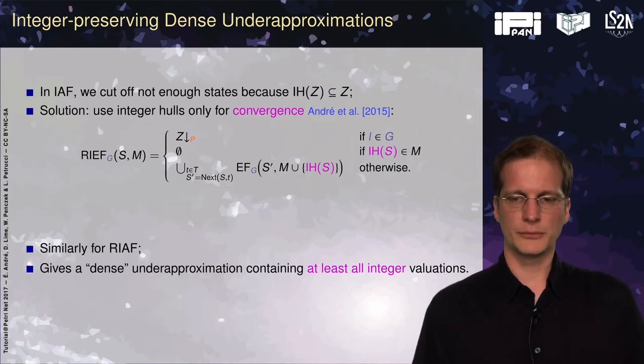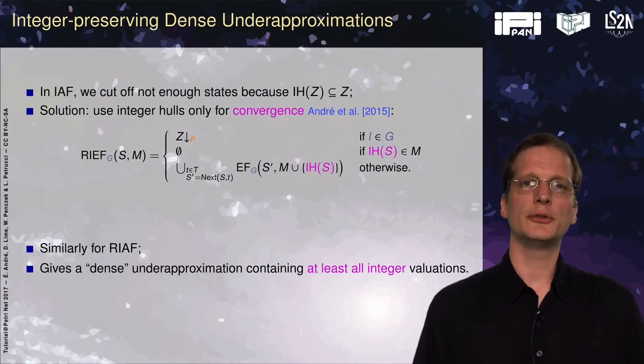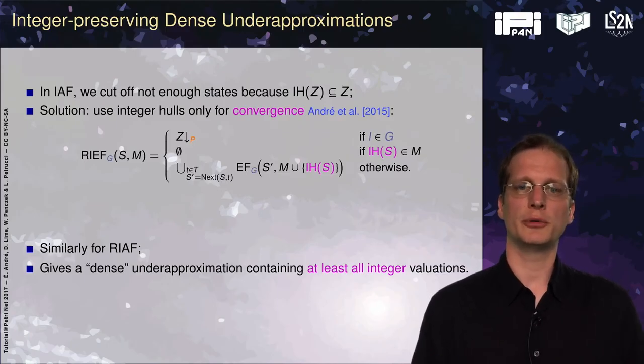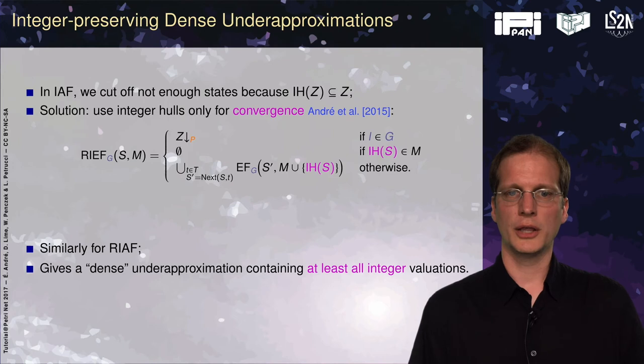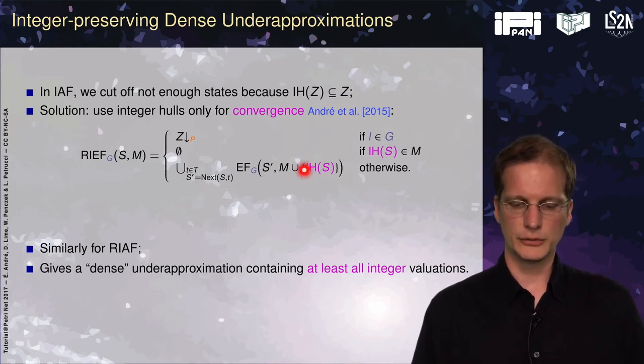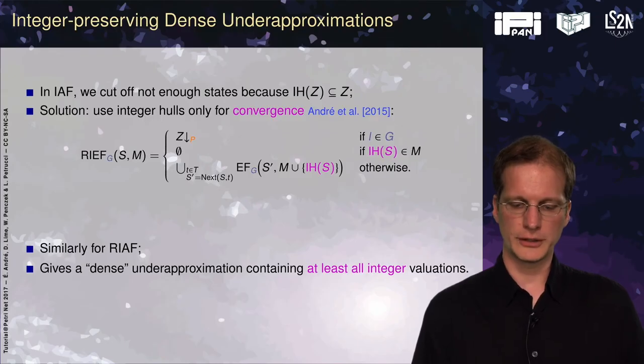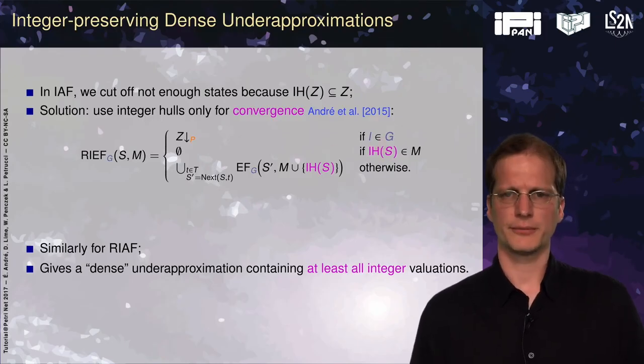To avoid this, we will not apply the integer hull to each successor, but compute successors as usual and only use the integer hull for convergence. So what we store in our past list and check against the past list are the integer hulls.